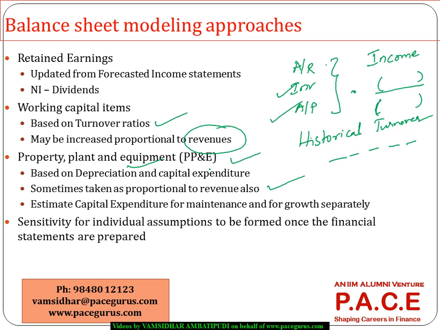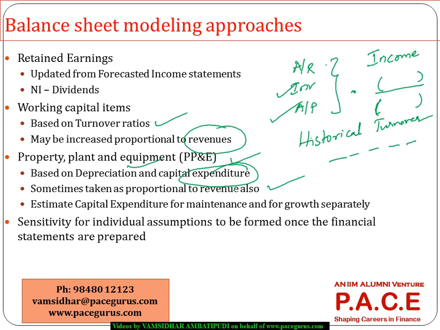So what is the kind of depreciation that is happening in each of the periods, and how much of new expenditure is coming up in each of the periods. Now, one simple way is, if the business is a very matured kind of business, probably I can always look at capital expenditure in proportion with the sales itself.